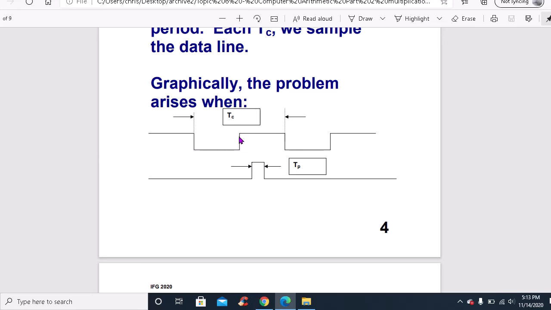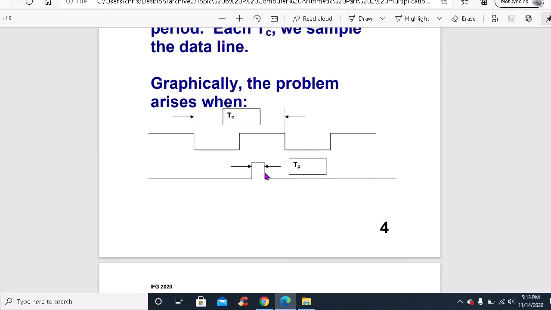I can only clock in this logic 1 if the signal occurs at this point in time. But the pulse occurs way beyond the rising edge, and therefore I'm not going to see it, in the sense of I'm not capable of remembering this.